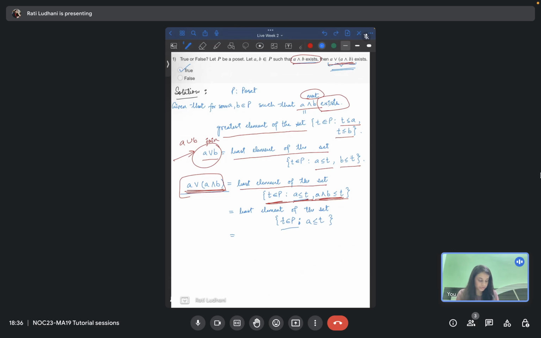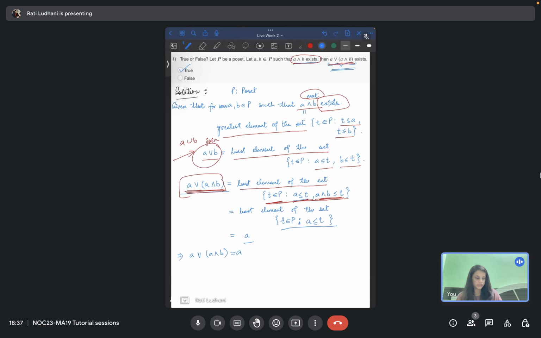The least element of the set where T belongs to P and A is less than or equal to T. What can you say about this? A is the least element. Very good. So you got that this is equal to A.